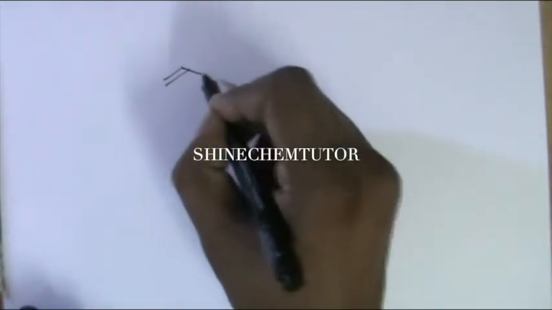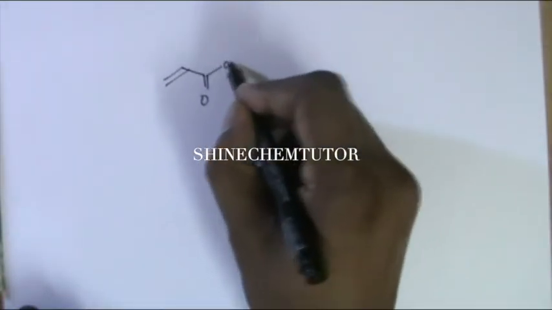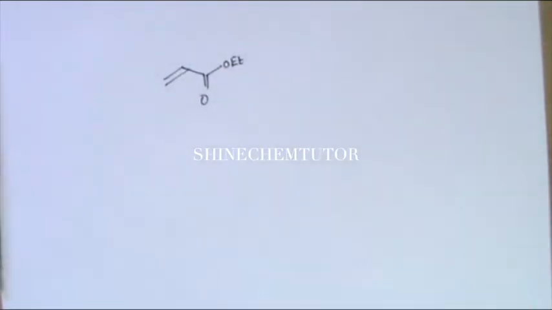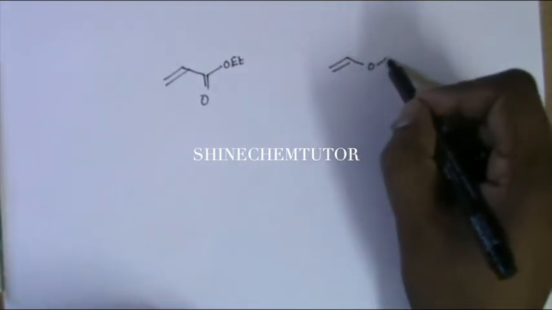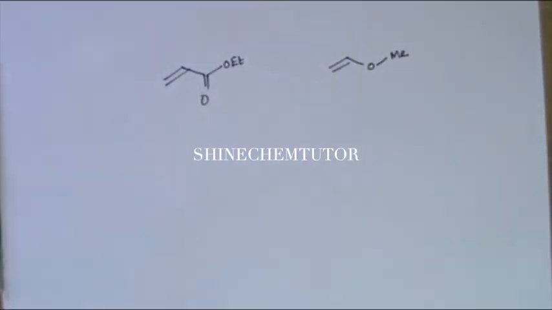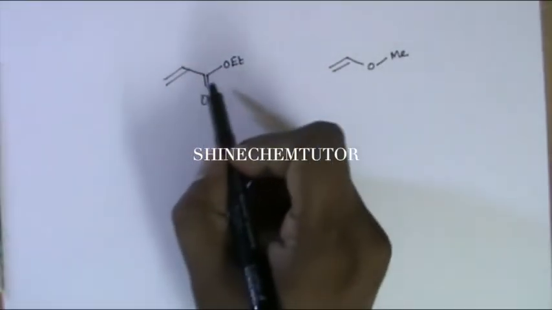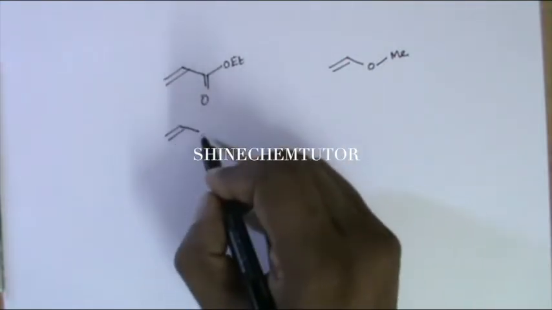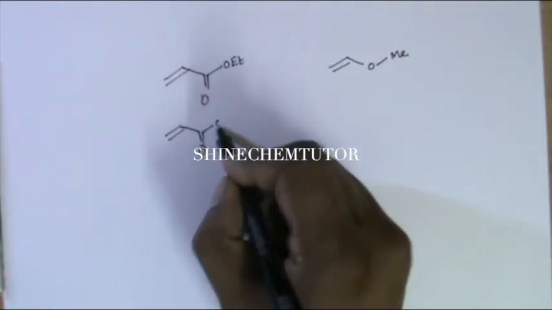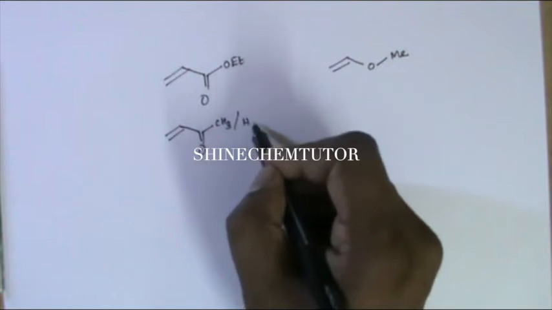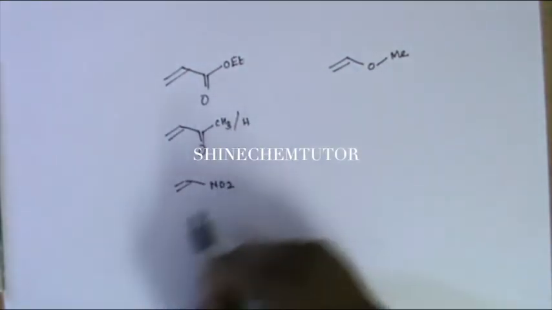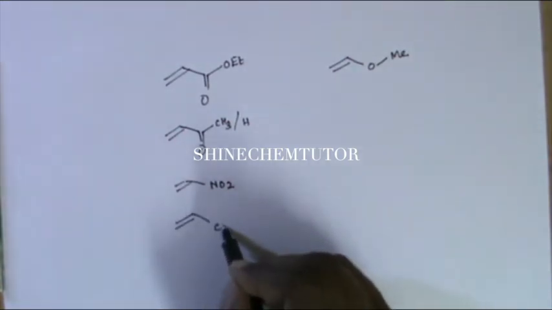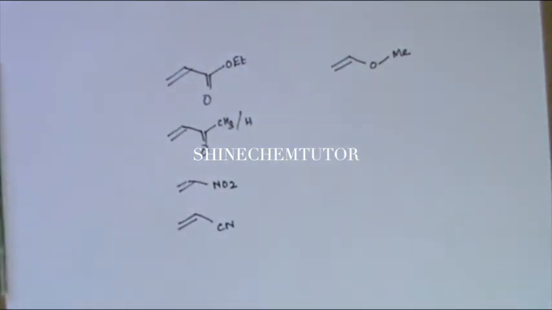Second one, it is an alpha beta unsaturated system and methyl vinyl ether. So here not only ester, it may be ketone or aldehyde, even it may be NO2 or nitrile.